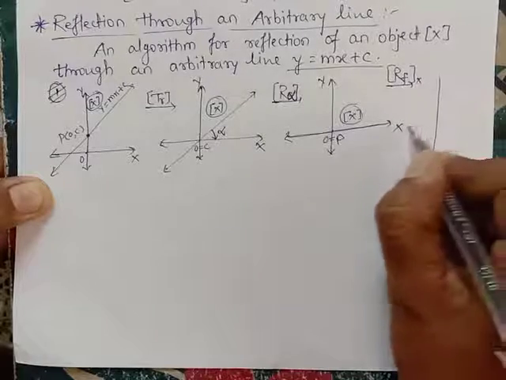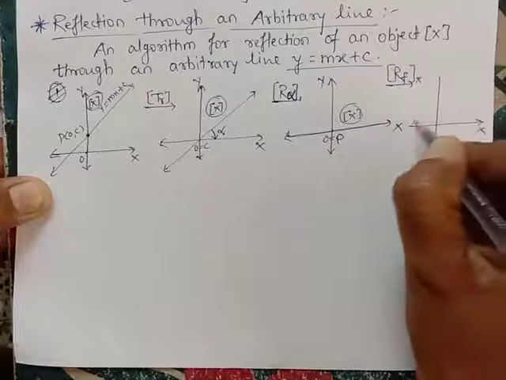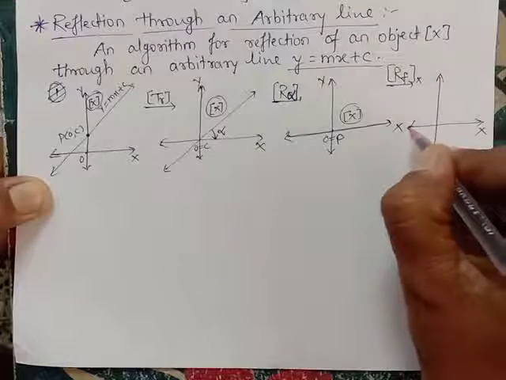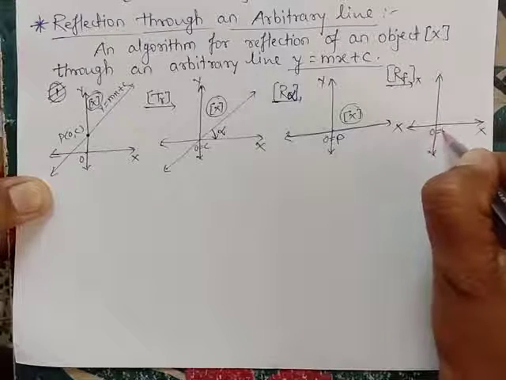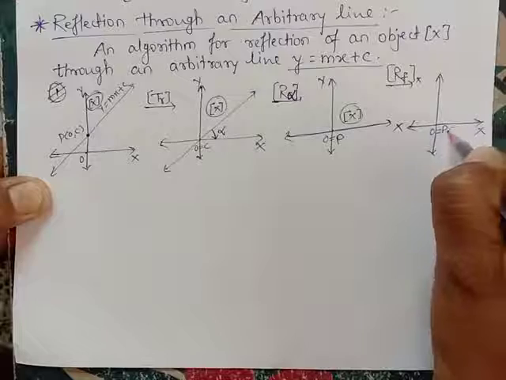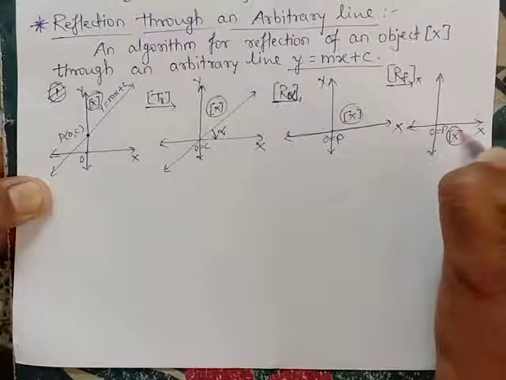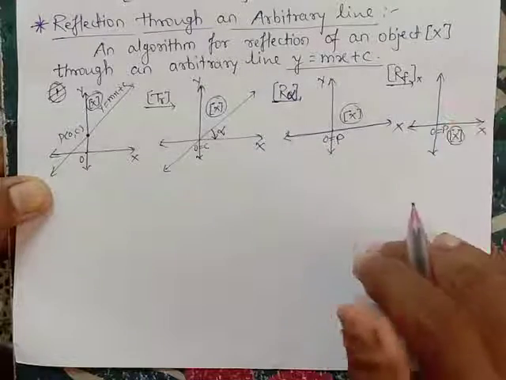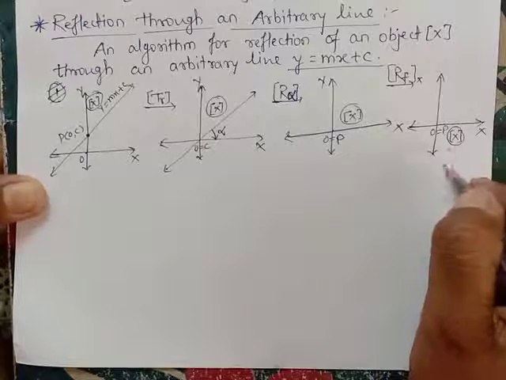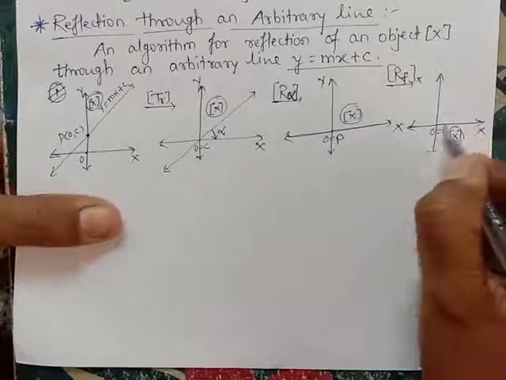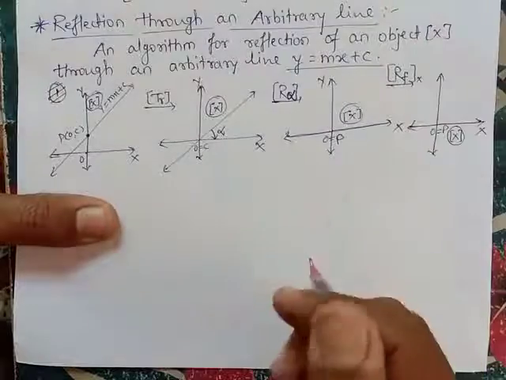Fine. So reflection through x-axis occurs, so these lines remain as they are, the line will remain same, but the object is reflected, so object comes here, right? So object will come here. Later on, what? Now we have to shift this line to its original position.